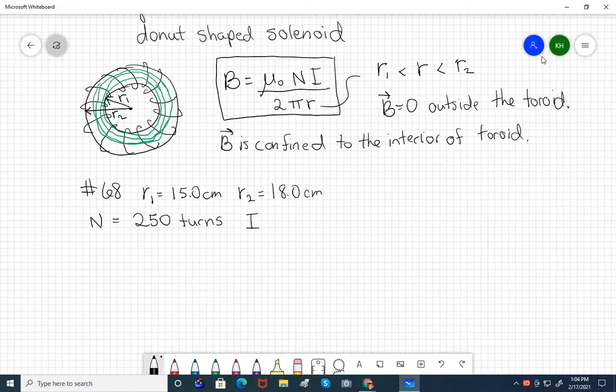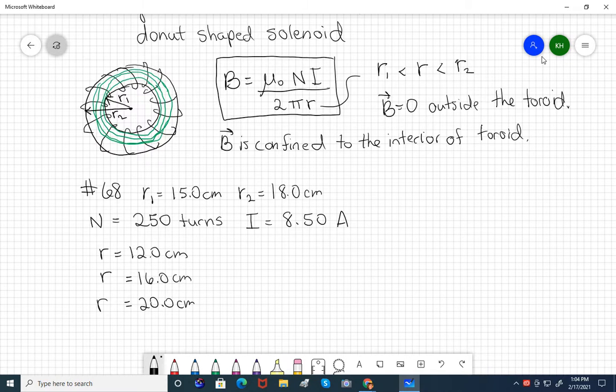So our current through this is 8.50 amps. What is the magnitude of the magnetic field at the following distances from the center of the torus? So we want to find it at R equals 12 centimeters, at R equals 16 centimeters, and at R equals 20 centimeters.